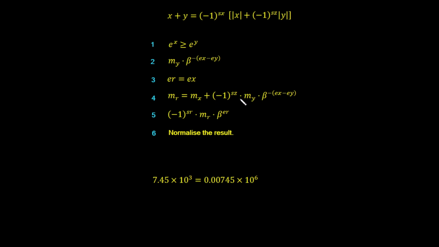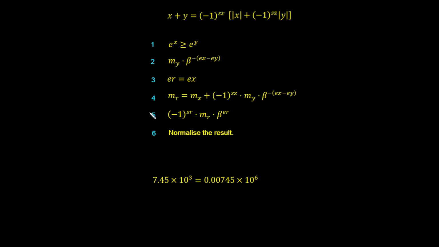Now the add or subtract we said is going to be given by this little algorithm here, which is going to be minus 1 to the power of sz, where sz is the exclusive OR of the signs of x and y. So that tells us whether we're going to do the addition or subtraction algorithm. But we're going to do the addition or subtraction on this term here. So this is the term here, which is the mantissa, which has been decreased by the value ex minus ey.